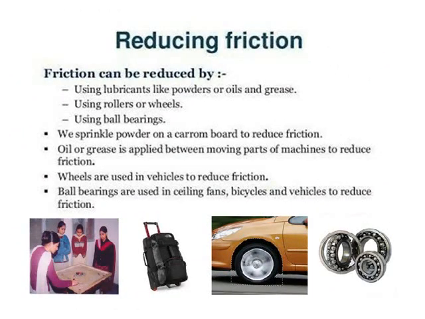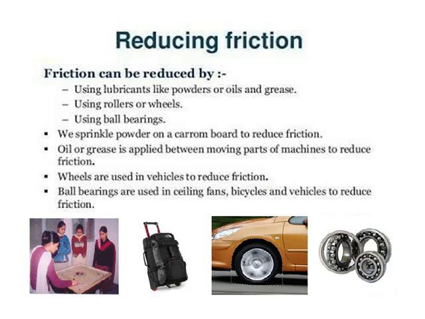Now, this slide gives you the various ways in which friction is reduced. Friction can be reduced by using lubricants like powders, oils and greases, using rollers or wheels, and using ball bearings. We sprinkle powder on a carom board to reduce friction.